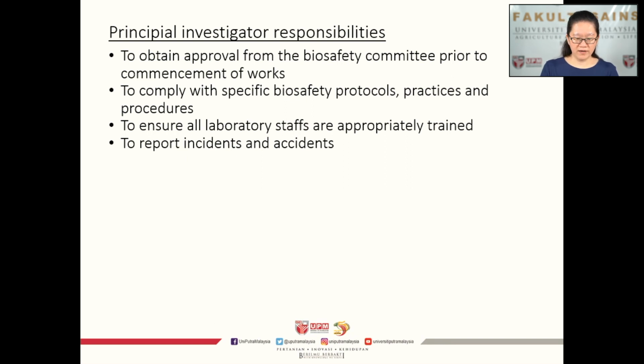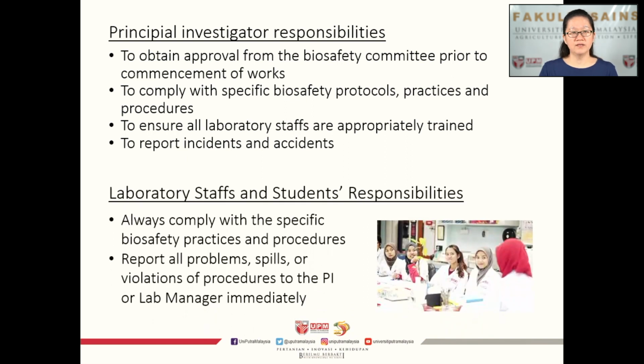Other than the PI, lab staff and students are also key players in determining whether or not biosafety practices are being observed in the lab. It is important to comply with the specific biosafety practices and procedures to minimize the risk of unintentional exposure to biohazards.